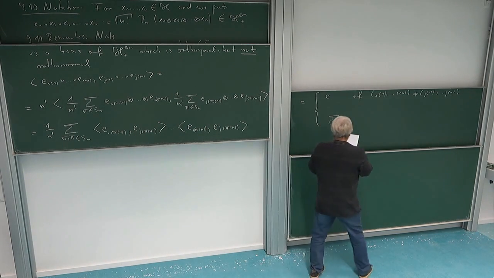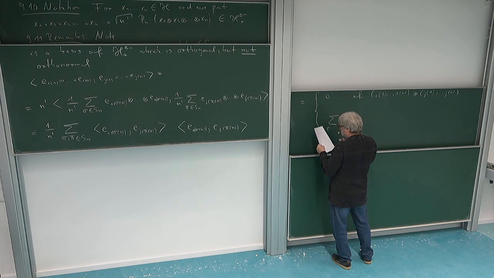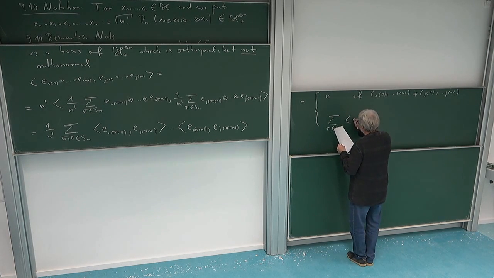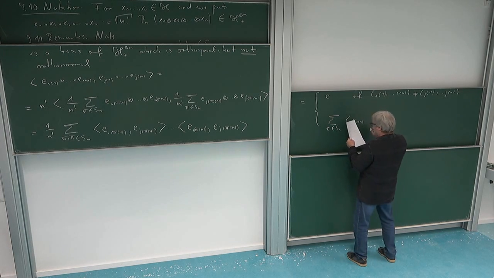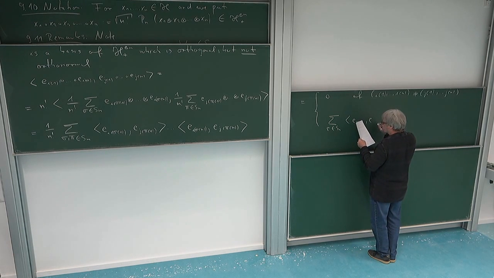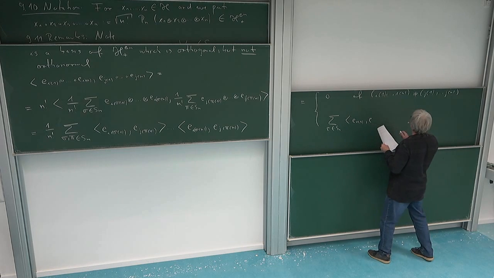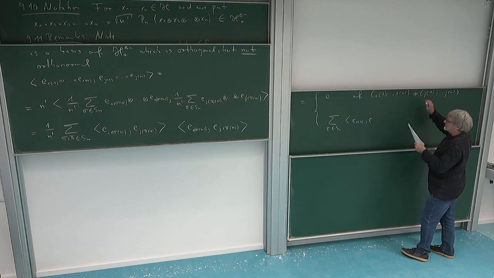So what I get is the sum over, let me call it tau in S_n, of the inner product of e_{i_1} with e_{i_τ(1)}, and so on, up to e_{i_n} matched with e_{i_τ(n)}, since the j indices must be the same as the i indices.